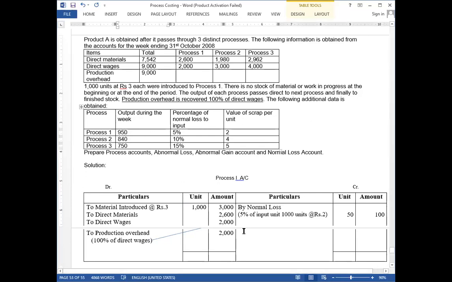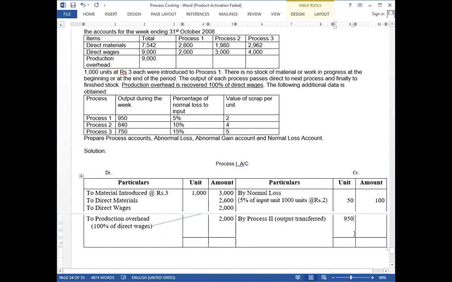Output during the week is given as 950 units, transferred to process 2. So the number of units is 950. Step number 3 is over.